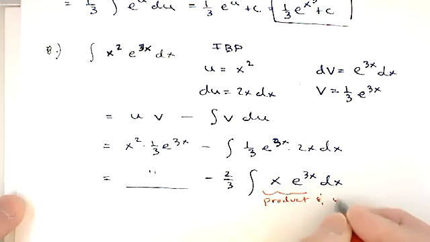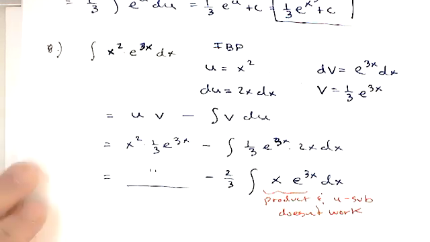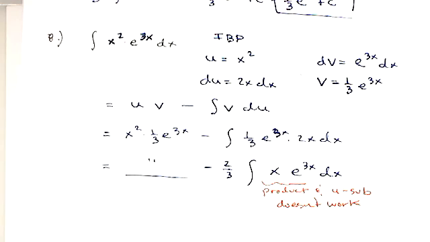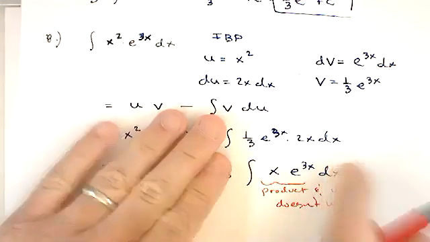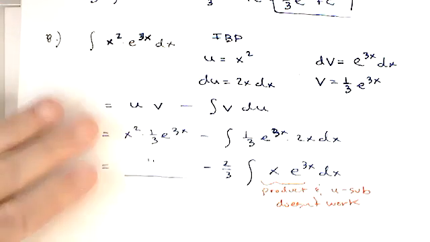And I don't think u sub is going to work, right? If I try to do regular u sub, I'm going to be stuck with that x. So what are we going to have to do again? For this integral here, we're going to have to do integration by parts.